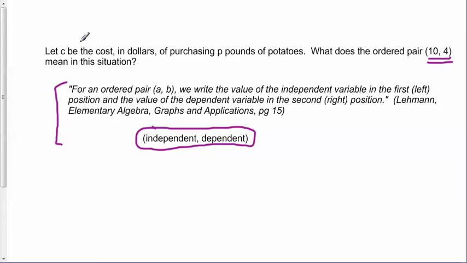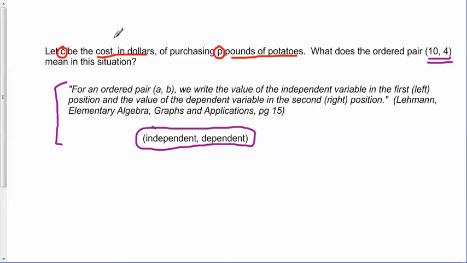We have that C is the cost in dollars of purchasing P pounds of potatoes. So now we want to ask the question, does the cost depend on how many pounds I buy? Or does the number of pounds I buy depend on the cost of the potatoes?